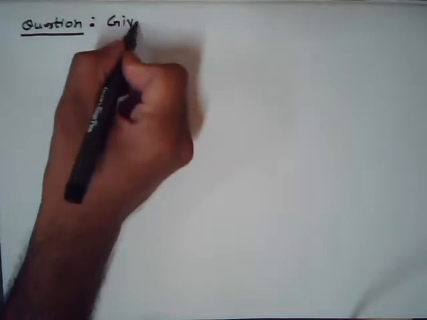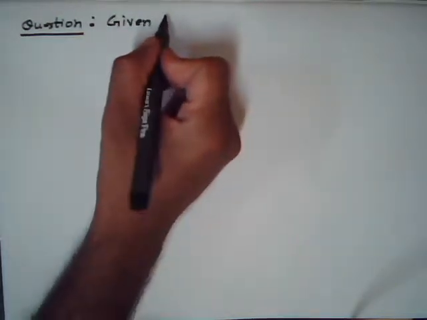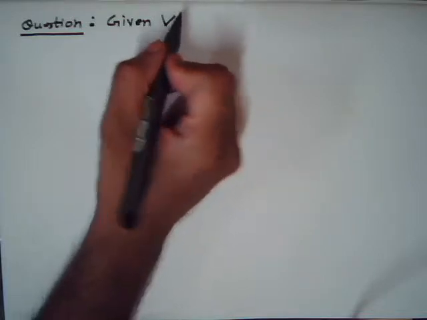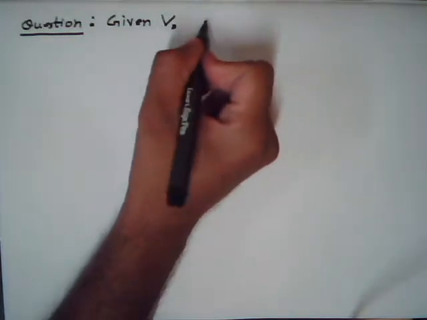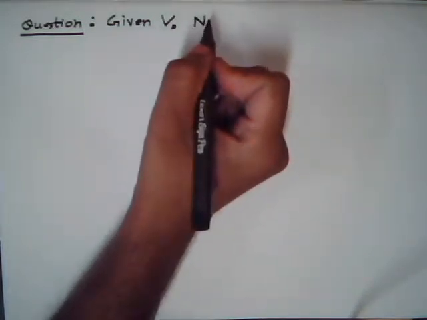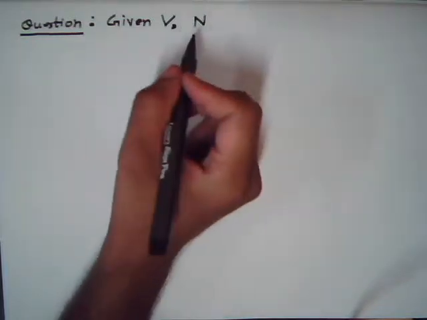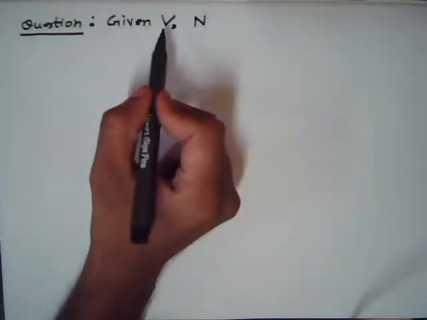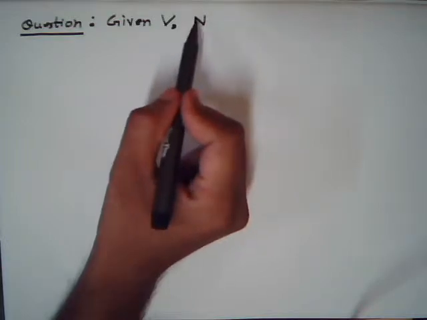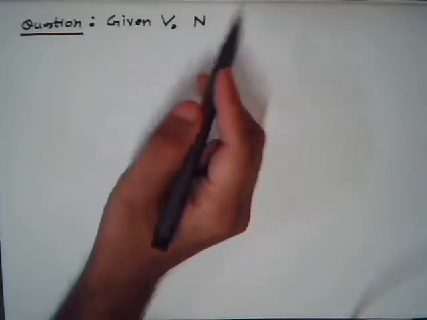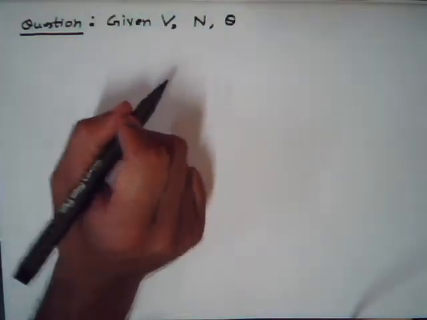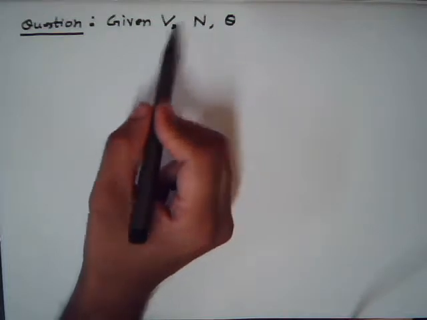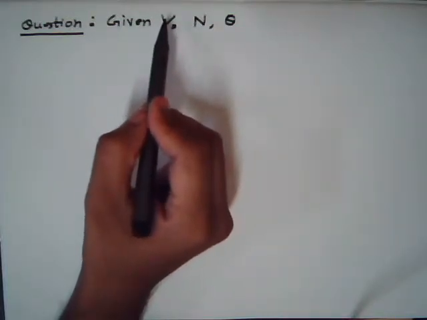Given a vector in R3, let's call it V, and a unit vector, once again in R3, what happens if the vector V rotates around the vector N by an angle, say theta? So the question is, what will be the new position of this vector V?